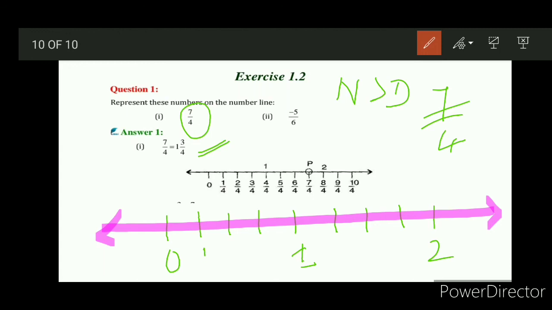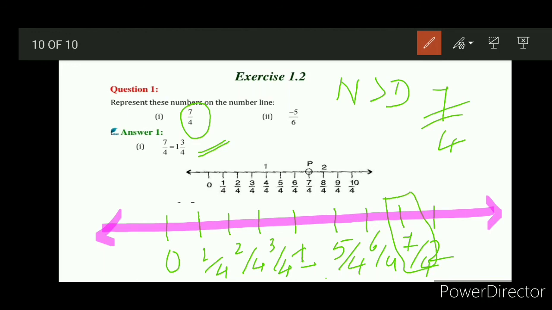Now this is 1 by 4, it is 2 by 4, it is 3 by 4, 4 by 4 is 1. Okay, this is 4 by 4. Next it is 5 by 4, it is 6 by 4, and this is 7 by 4. Now this is the place of 7 by 4. In this way we should represent the rational numbers on the number line.